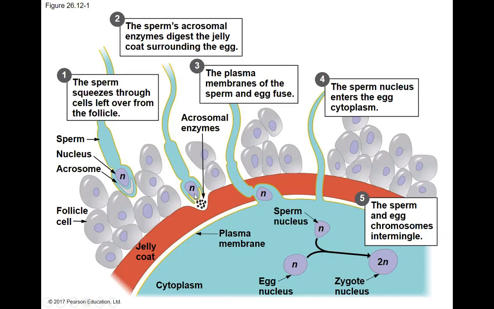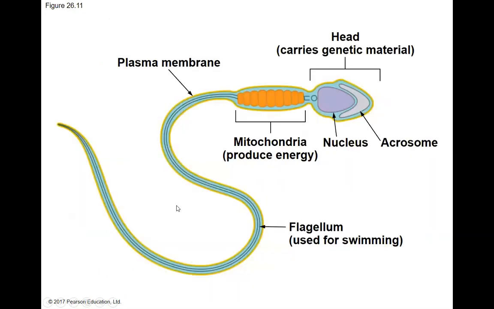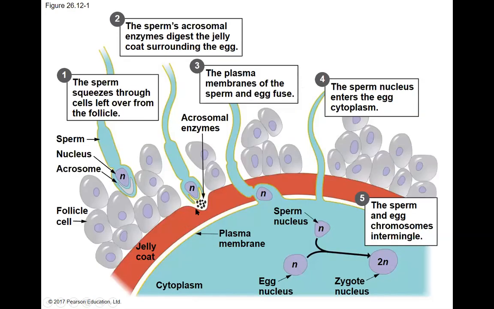And then the enzymes that we have in the head of the sperm, which you can see here, this is the acrosome. There are some enzymes found in the acrosome which can degrade the jelly coat. Once the jelly coat has been degraded, the two membranes of the sperm and the egg fuse.